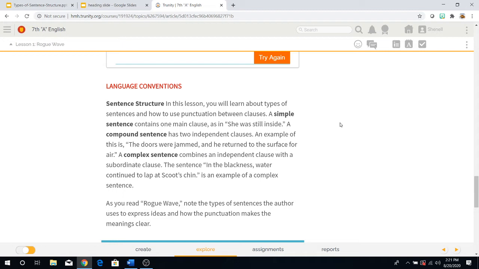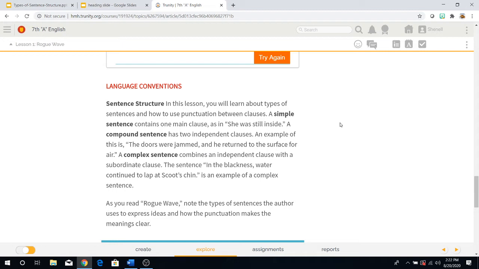A simple sentence contains one main clause, as in, she was still inside. A compound sentence has two independent clauses. An example of this is, the doors were jammed, comma, and he returned to the surface for air, period. A complex sentence combines an independent clause with a subordinate clause.